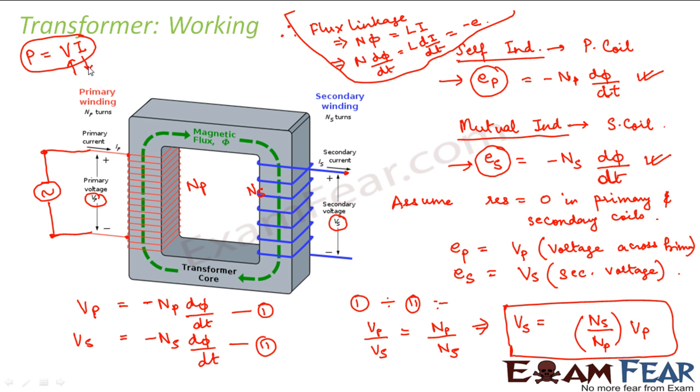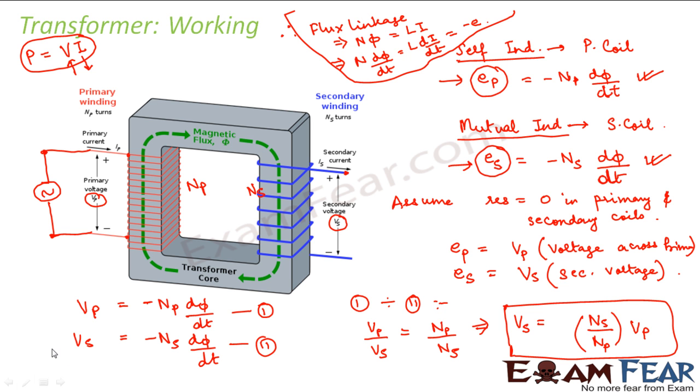So this is also a very important specification of a transformer, that the power at the input end and the power at the output end remains the same. When the transformer increases the voltage, it decreases the current, and when the transformer decreases the voltage, it increases the current, so that it keeps the total power at the input end the same as the total power at the output end.